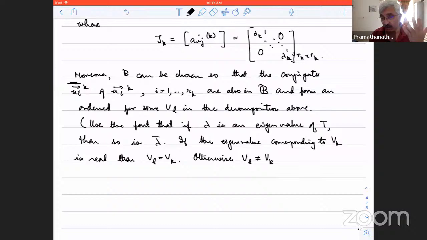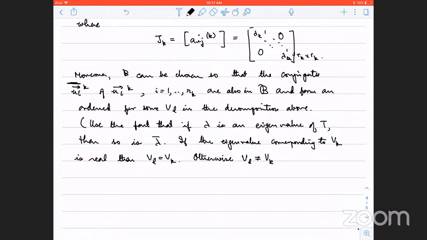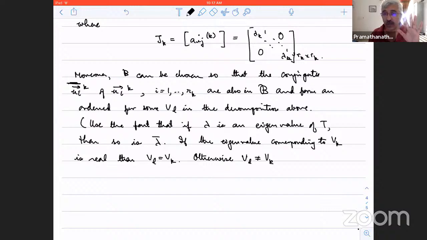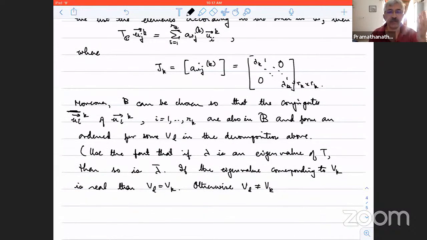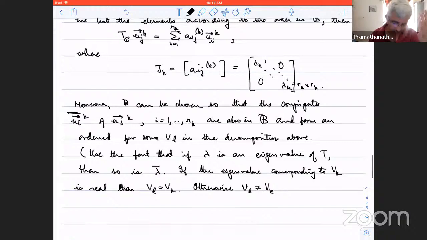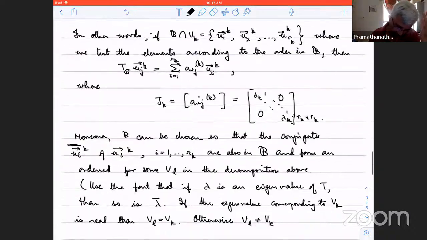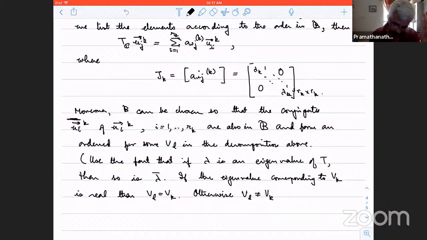That gives you, according to the way the basis is chosen, some other V, that is VL, one of the V's which is generated by the conjugates of the basis of VK.